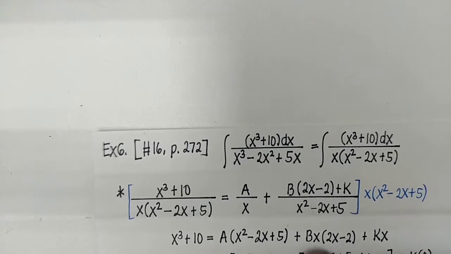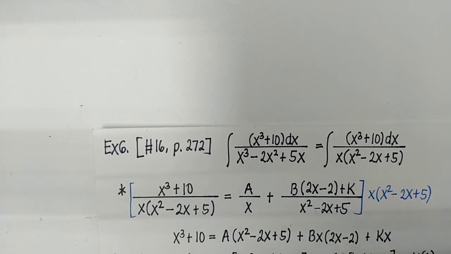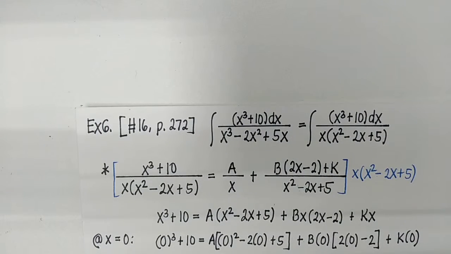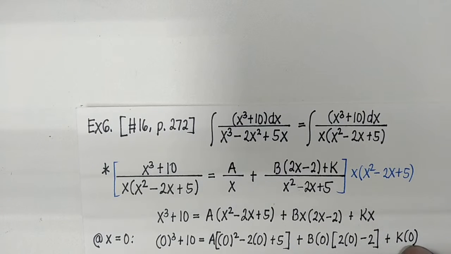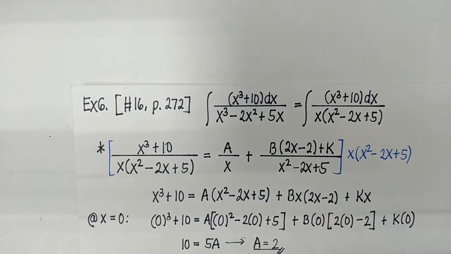In that way, the B term and the K term will disappear. So letting x be equal to 0, you have the following expression, which, when simplified, since this one and this one will disappear, you get 10 equals 5A, or A is now equal to 2.